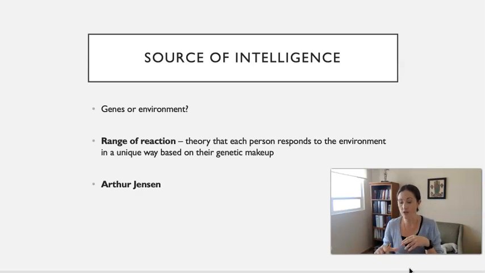Arthur Jensen would focus only on the genetic component. Disclaimer, I don't like Arthur Jensen at all. He says that IQ is only determined by genes, and he says there are genetic differences based on race. So he says that you have 2 types of abilities.